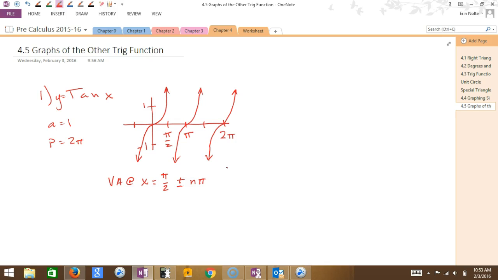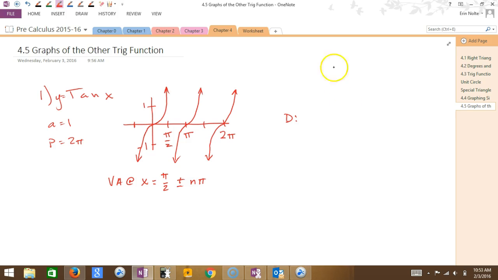So if there's these vertical asymptotes, what happens to be restricted for a tangent function? The domain. Very good. This is another thing that they're going to ask you about. What is the domain and the range of these functions? For domain, it's going to be all of the reals except where those vertical asymptotes are.